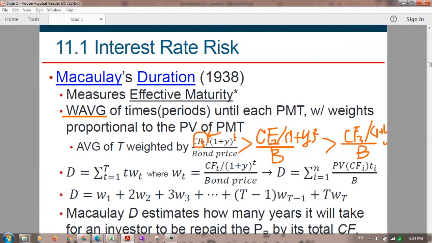If the maturity is 10 years and there will be 10 coupon payments, the present values of those coupons are mostly centered towards the earlier part of the timeline, right?